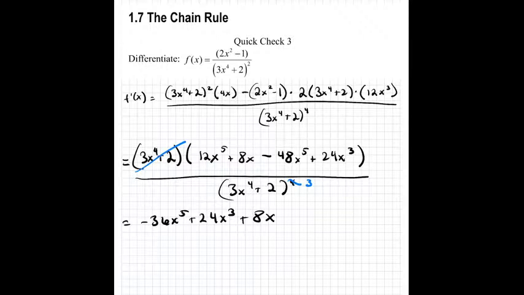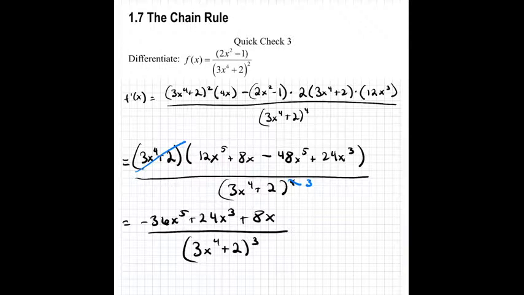What does that become? 18, 12, so we can do 4. We could factor out a 4 from everything, 4x. Okay, let's do that. It's not going to cancel anything, so I'm not sure that we really need to do it, but we can factor out a 4x from everything there.